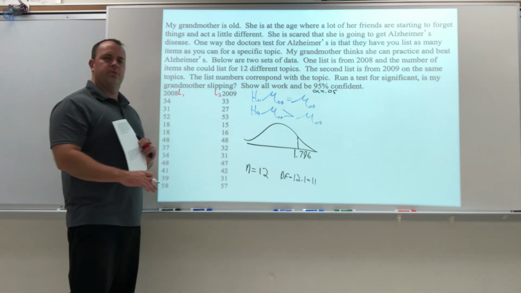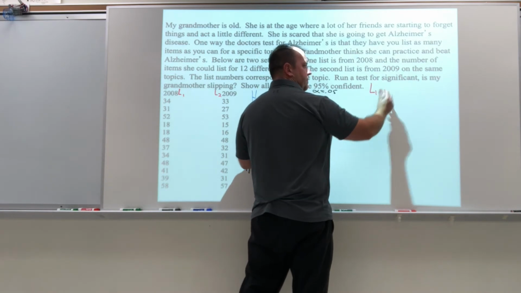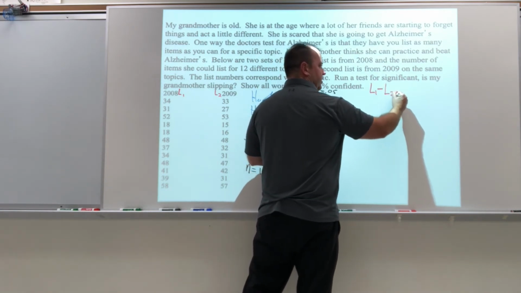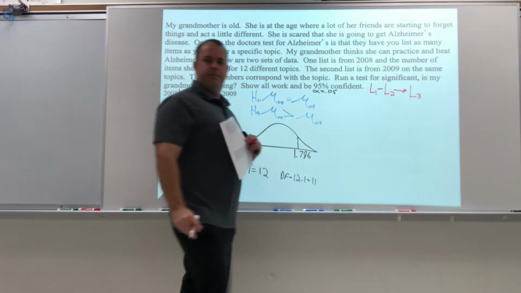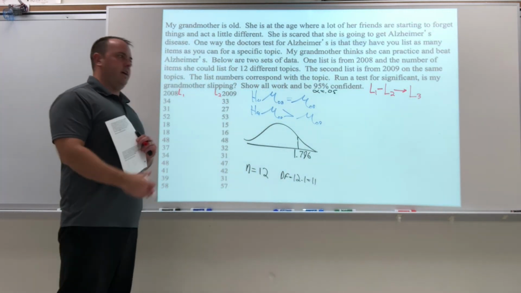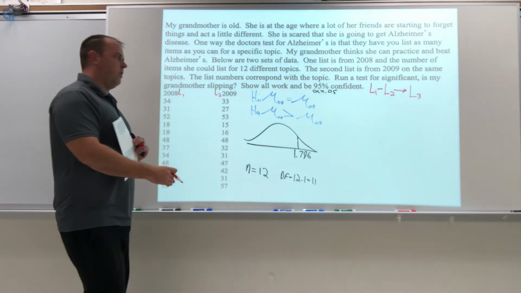That will have all the subtraction done for us. So what we're going to do is type in L1 minus L2, store L3. And if you do that in your calculator and then go back to your list screen, you'll see a third list in there, and it will have all the subtraction.